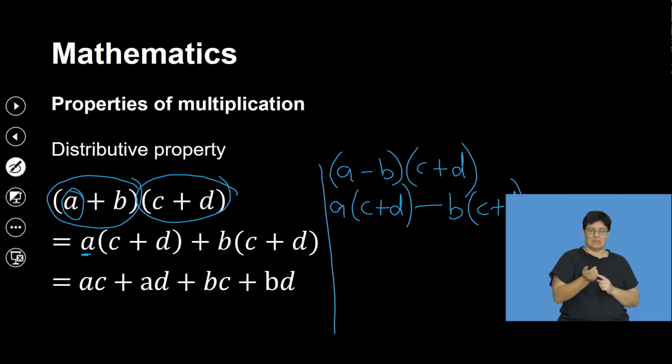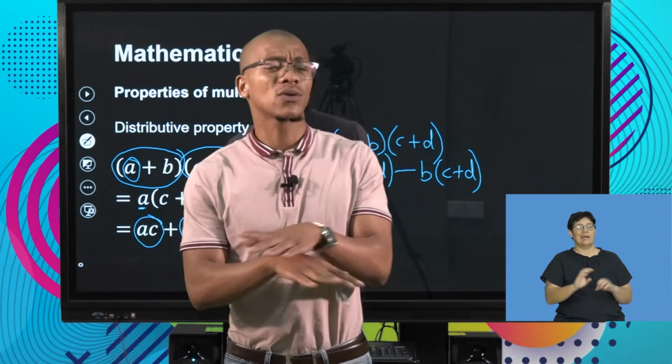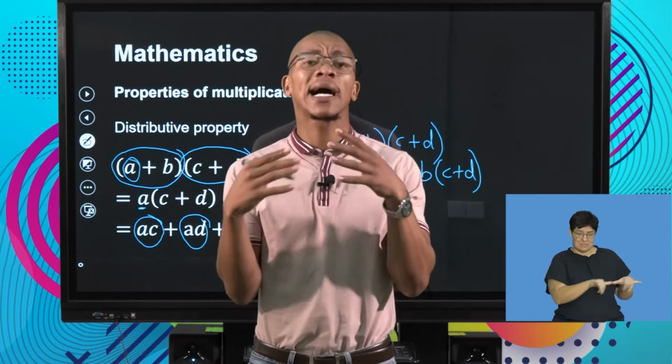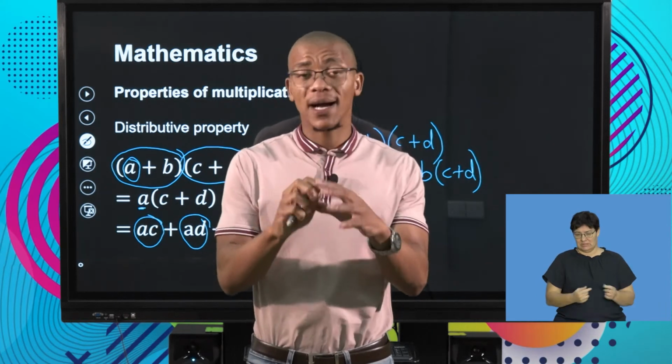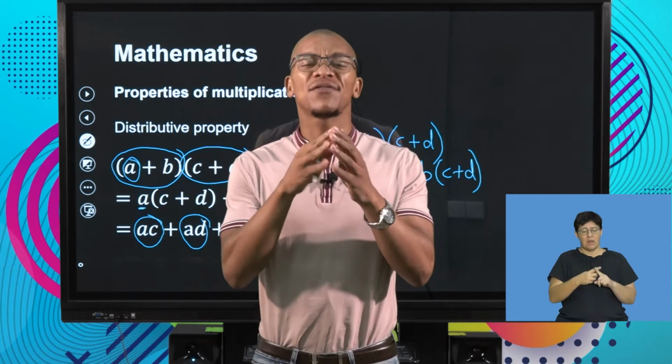If you multiply this using what we've spoken about, it will be AC, this will be AD, that will be BC, and that will be BD. From there you can see that you really cannot do anything because those are not like terms. They are unlike terms. So far, guys, what we've looked at is that multiplication is quite a big thing.